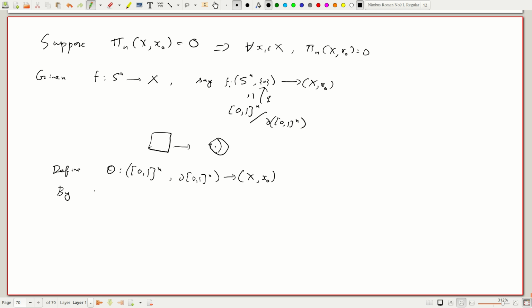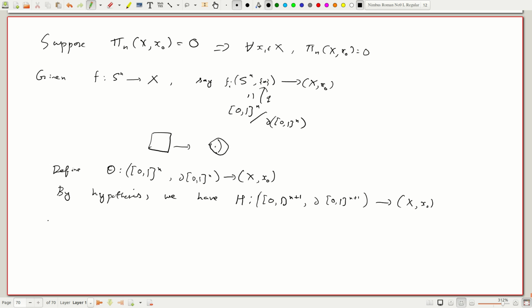So by hypothesis, we have H. We have a homotopy. We have H mapping [0,1]^(n+1), and I should say the entire boundary of [0,1]^(n+1) goes to x, x0.